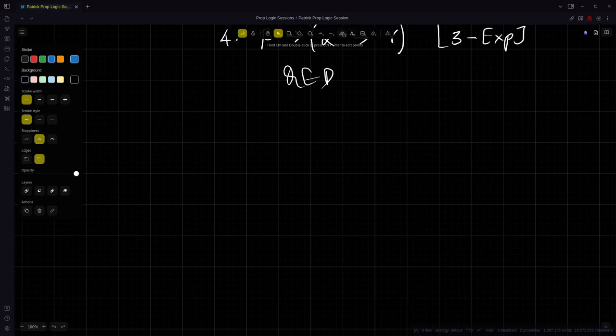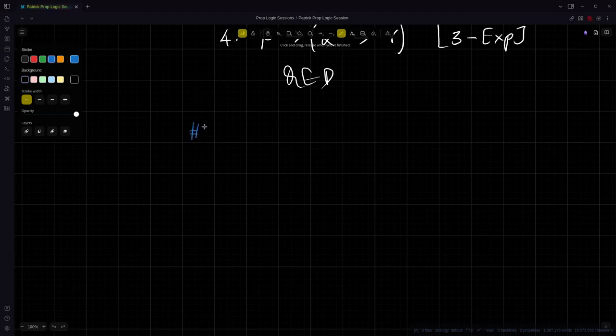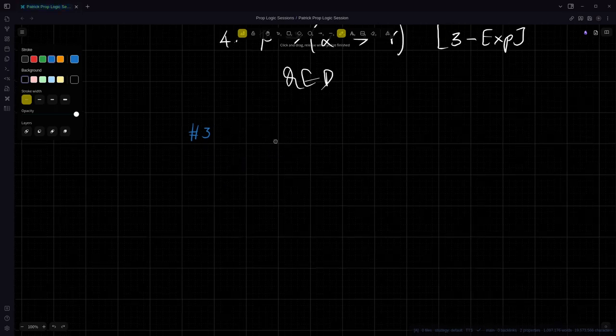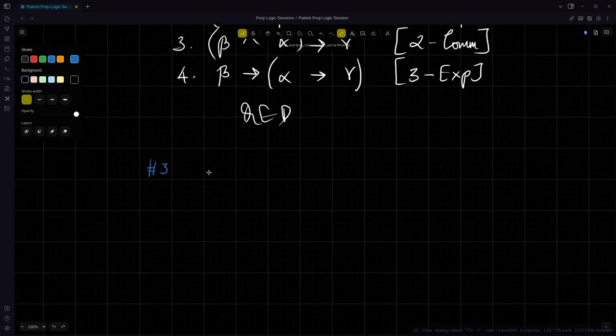Is there anything? Oh, one sec. Let me check if there is anything else mentioned in the book. No. Okay, negated conditionals. This is very useful. Negated conditionals.